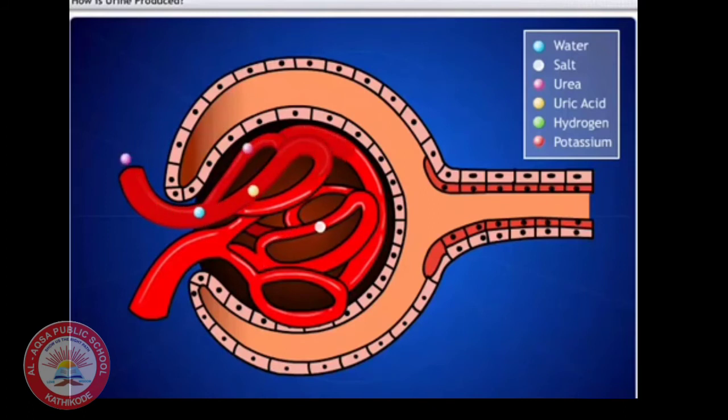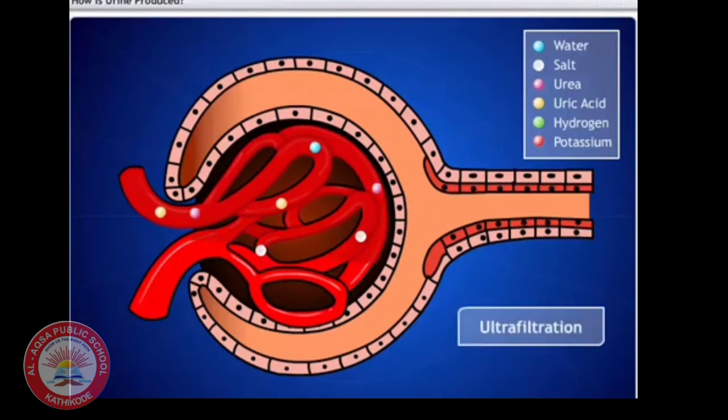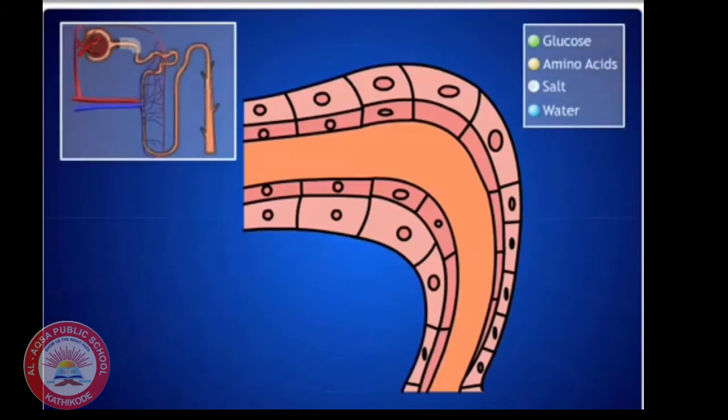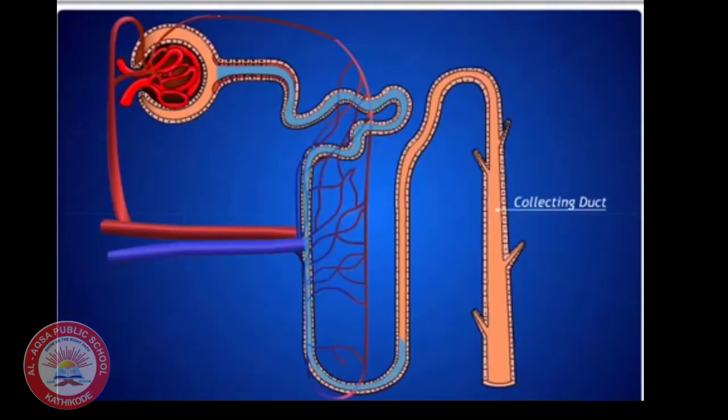This process is called ultrafiltration. Some substances present in the initial filtrate, such as glucose, amino acids, salt, and a major amount of water, are selectively reabsorbed as it flows through the tubules. Then the urine is secreted through the collecting duct.